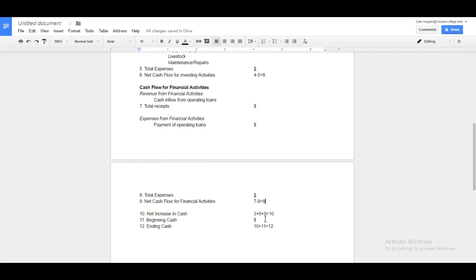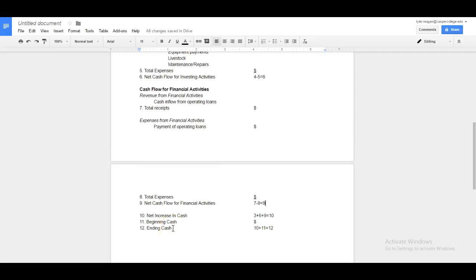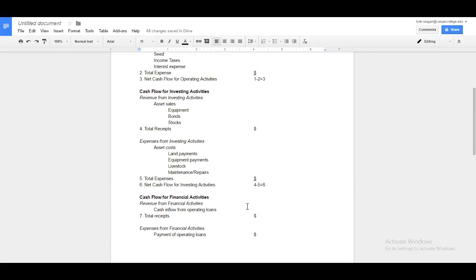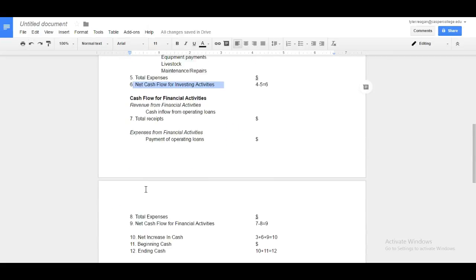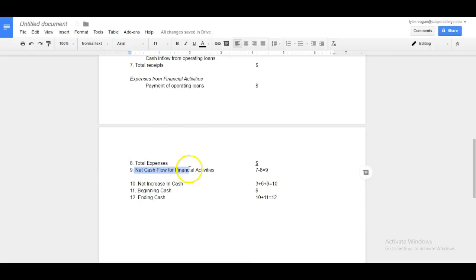Now the next thing you're going to do is figure out, did you have a net increase in cash, a net decrease in cash, or what exactly? To find out, we take the net cash flow from operating activities, the net cash flow from investment activities, and the net cash flow from financial activities, and we add them all together.